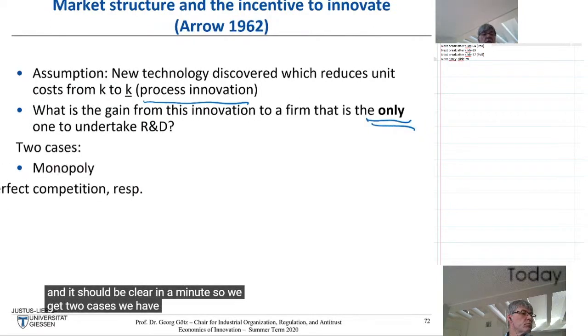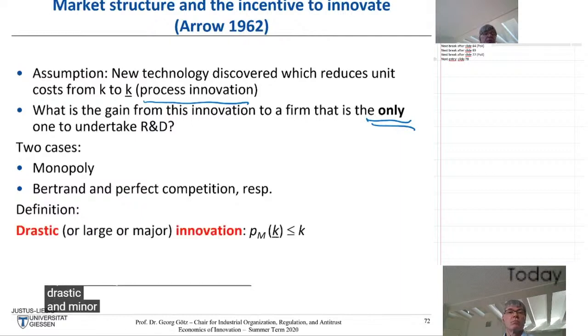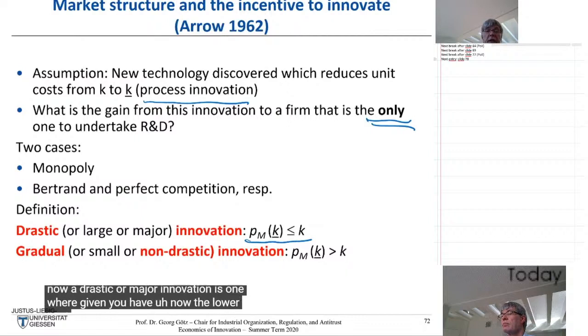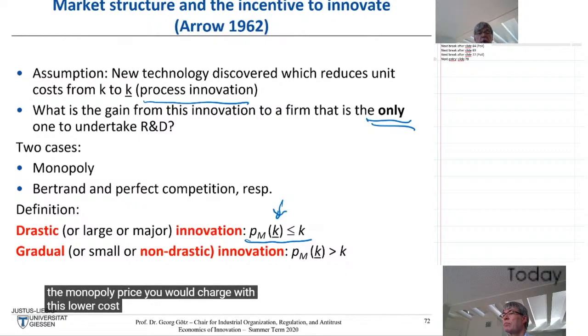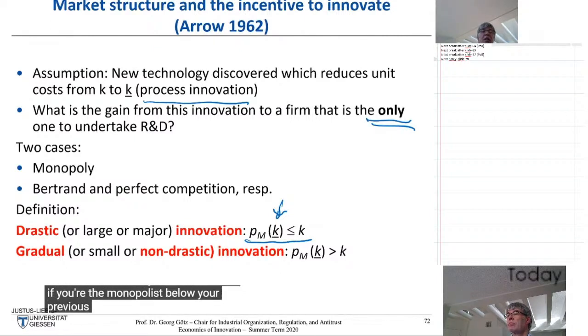So we get two cases: the monopoly and Bertrand competition, which, as you learned above, leads to price equal to marginal cost, and is therefore pretty similar to perfect competition. And we define here drastic and minor or gradual innovations. What is a drastic or major innovation? A drastic innovation is one where, given the lower cost K lower bar, the monopoly price you would charge with this lower cost is below the cost of your rival, or, if you're a monopolist, below your previous cost.